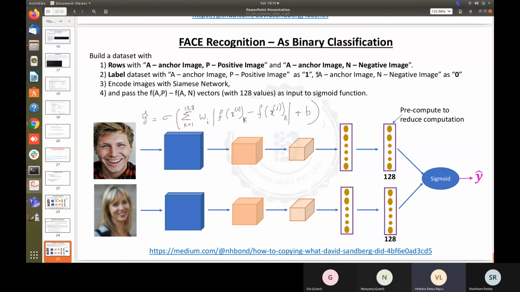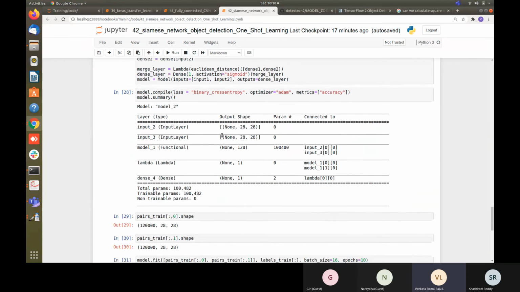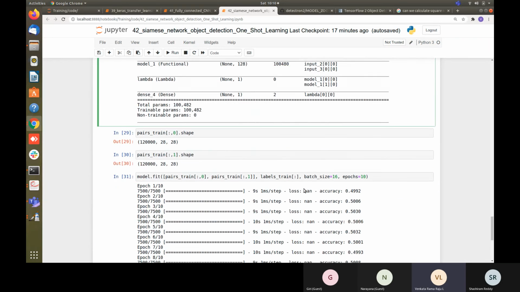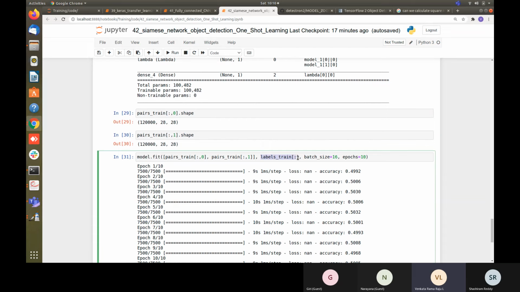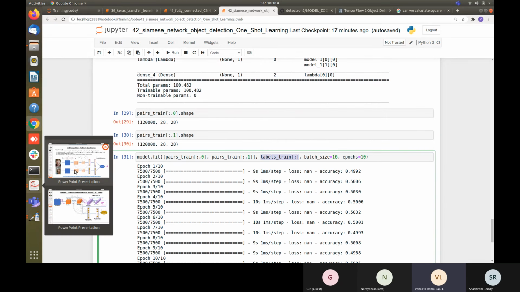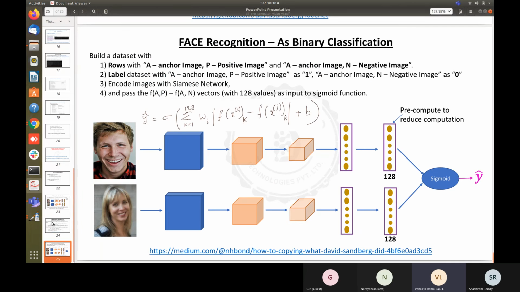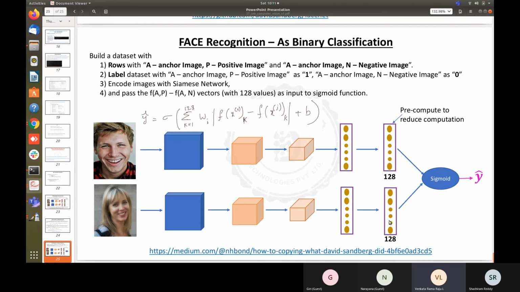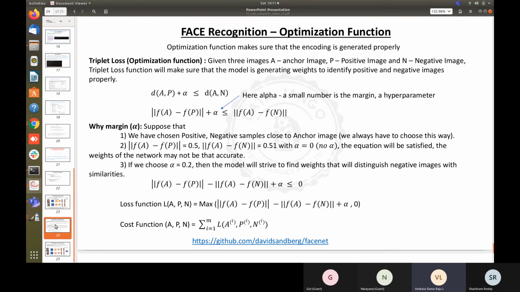In this data set you have 1 and 0, and in my network, what I did, I passed the target variable 1 and 0 here and tried to train the network. But if you use the real Siamese network and the triplet loss function, you will be passing these 128 pixels and these 128 pixels into the optimization function.